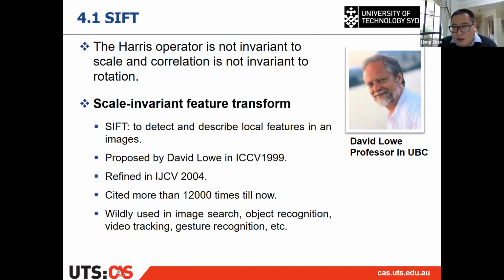PAMI and IJCV are the two top journals in computer vision and in engineering, and it's really hard to get in. The refined SIFT paper is published in IJCV, and it has been cited more than 15,000 times already. It's a very large number of citations because so many people are using it. It's widely used in many areas, such as image searching, object recognition, video tracking, and robotics.